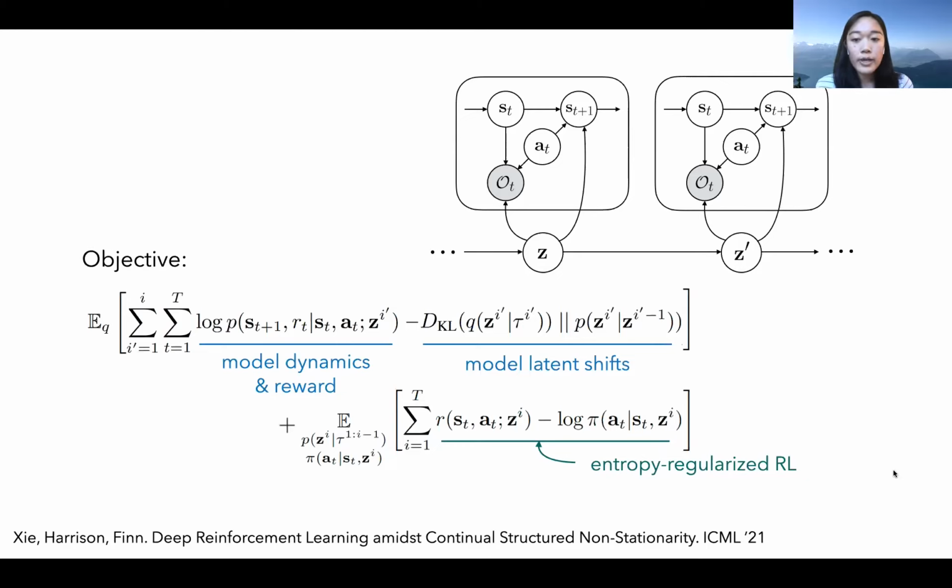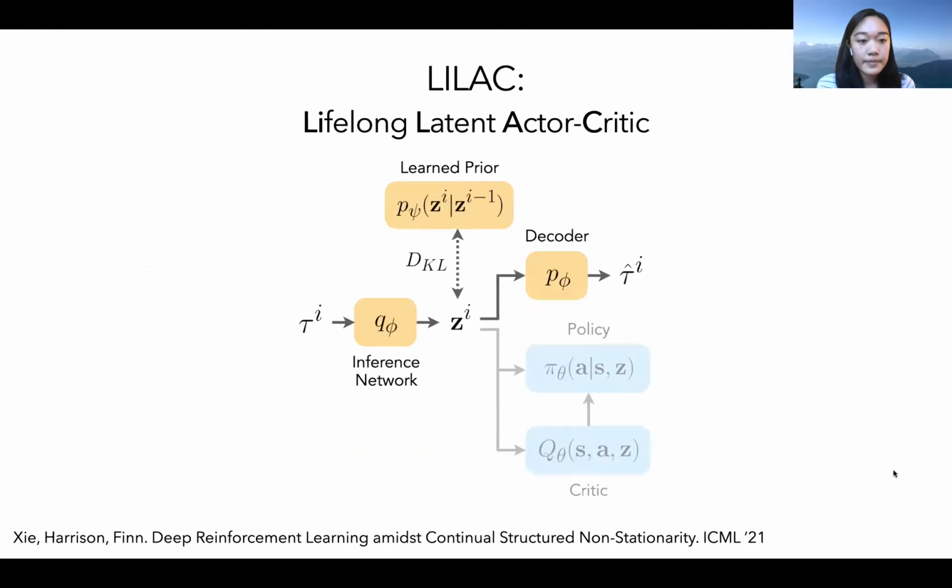The second component, underlined in green, corresponds to maximum entropy RL, where the policy is also conditioned on the inferred task parameters. Together, this objective is essentially performing joint representation learning of the environment and reinforcement learning with this representation.